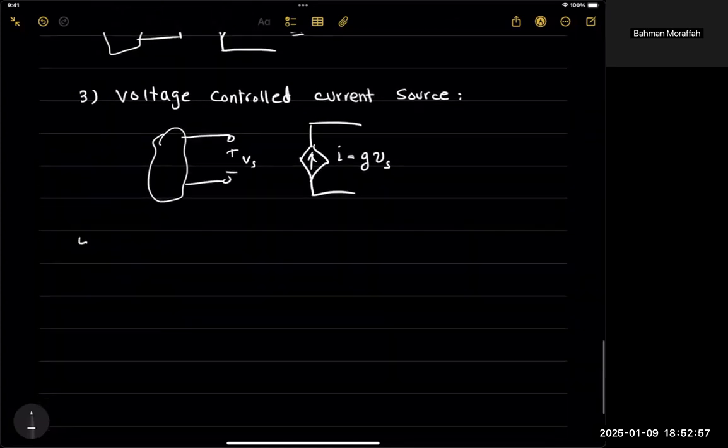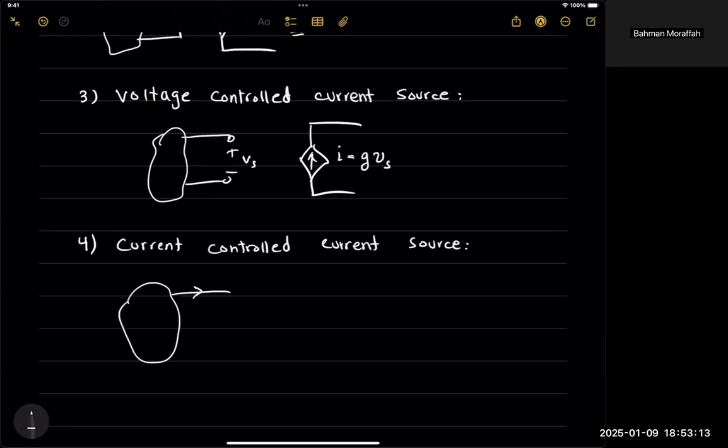And the last type is current controlled current source, which again means I have some current in the circuit, let's call it I of S, and the value of this dependent source I depends on this I of S, right?